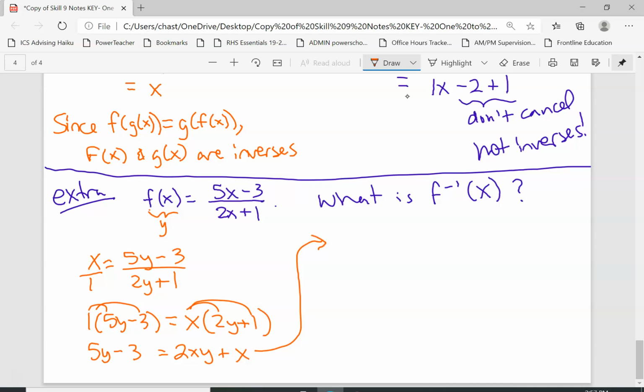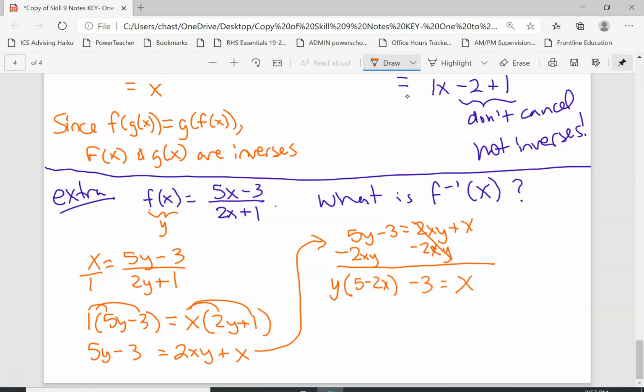Now looking at this, let me recopy it here. I've got to get my y's together. Here, the y is in common in both terms, so I'll have 5 minus 2x. And I add 3 to both sides. I get y times 5 minus 2x equals x plus 3.